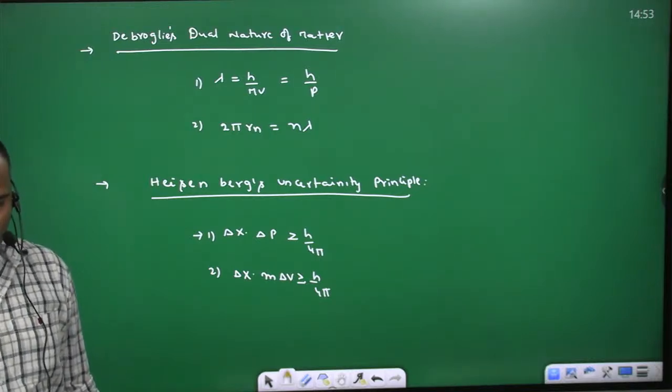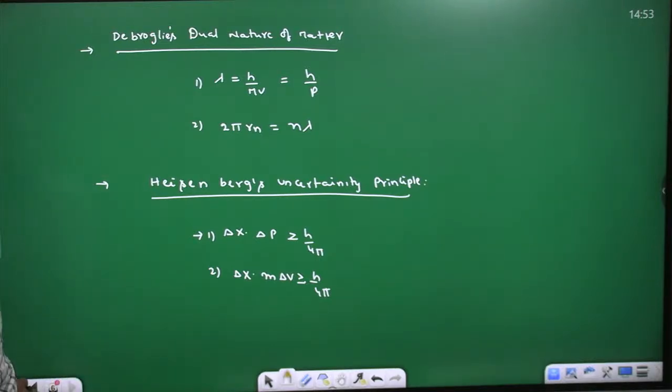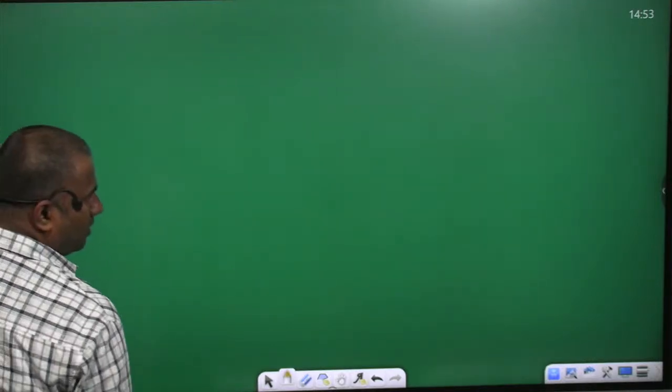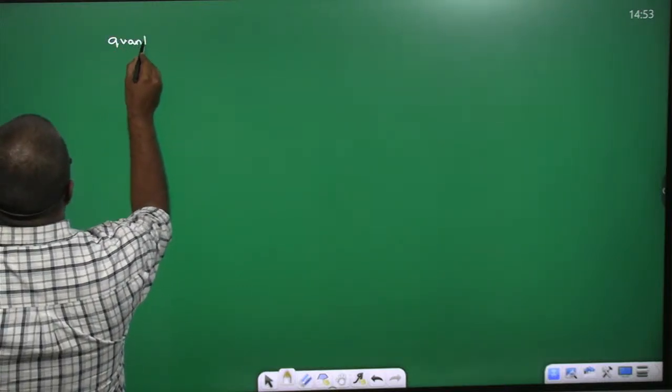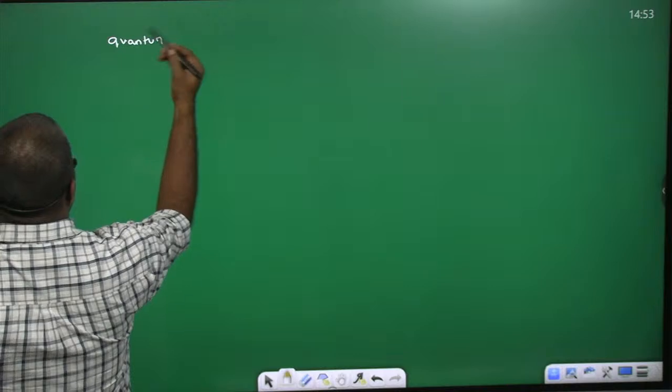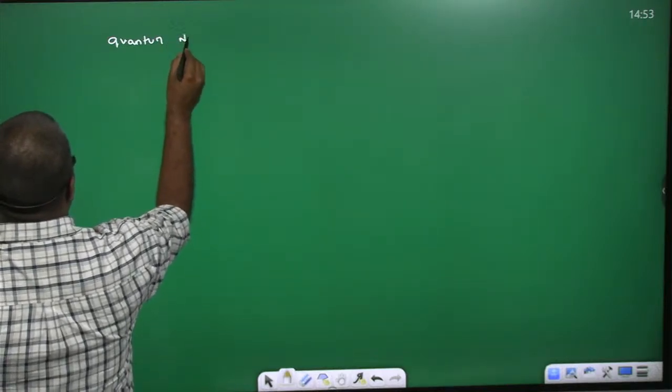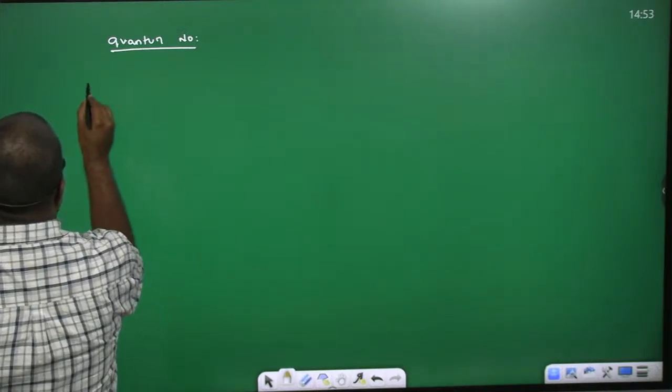Okay, next one, quantum numbers. Based on the quantum numbers, we find different characteristic properties. First one, the principal quantum number.